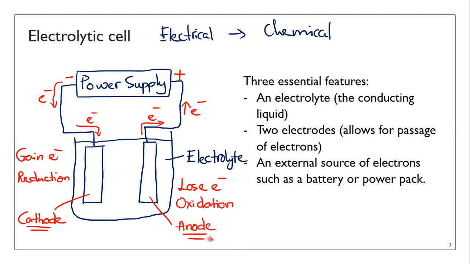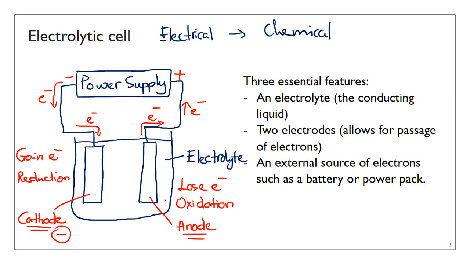Okay, so the anode is going to be the electrode that is connected to the positive terminal of the power supply, and the cathode is the electrode that is connected to the negative terminal of the power supply. One more thing to point out is the actual polarities of the electrodes. Because the cathode is connected to the negative terminal of the power supply, the cathode is going to be negative as well.